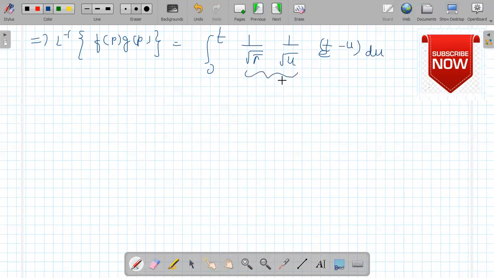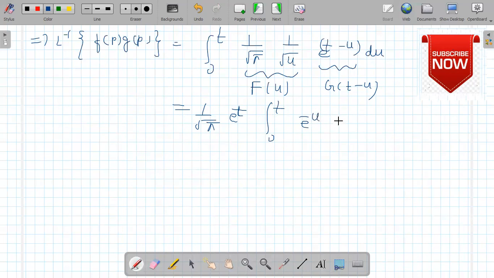This is Fu and this is Gt minus u. Now you can integrate this. Square root of pi and e raised power t can be taken outside, and here we have e raised power minus u into u raised power minus half.